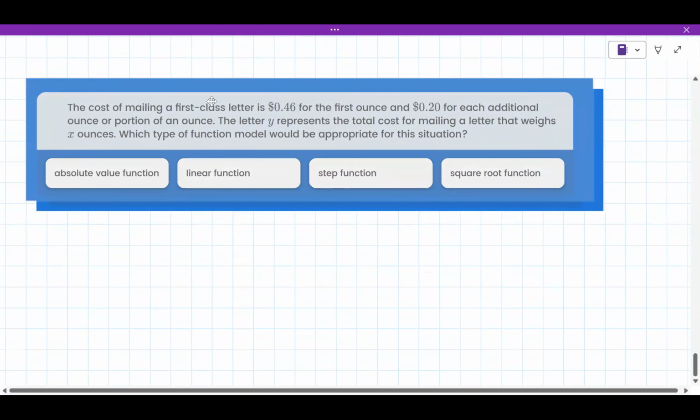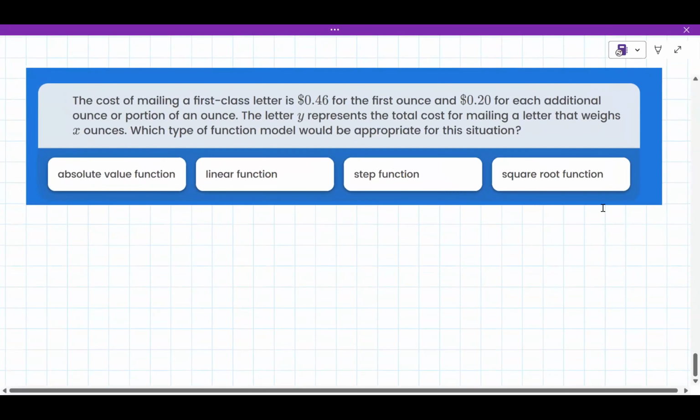All right, now here's the actual question. I'd like you to read it to yourself, and then we'll talk about it.